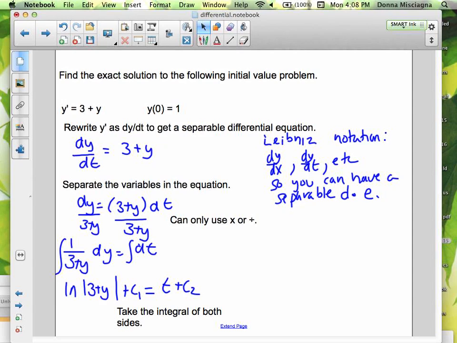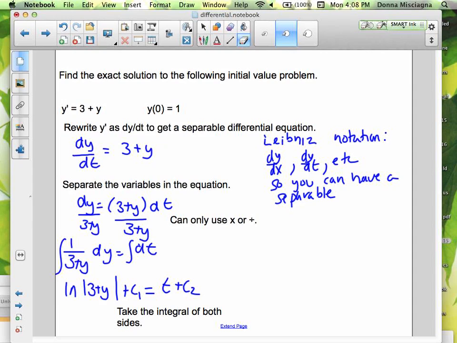Now, what do you think that says? Separable d times e? I have no idea what that says. Separable. You wrote it. Is it supposed to be dy? Looks like something got erased there.